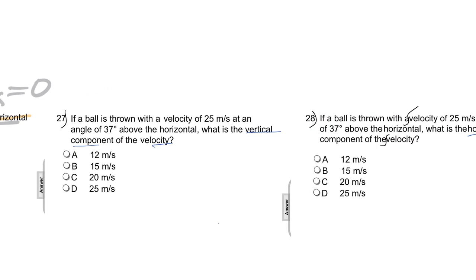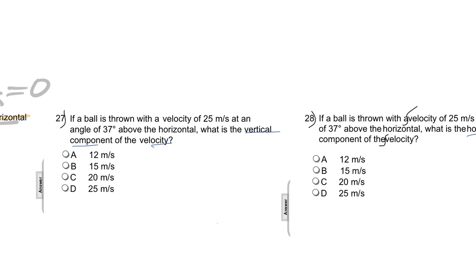If a ball is thrown with a velocity of 25, what is the vertical component of the velocity? So they're asking VOY at that moment. And I know that's V, the opposite side, so sine of theta. So that'd be 25 sine of 37.